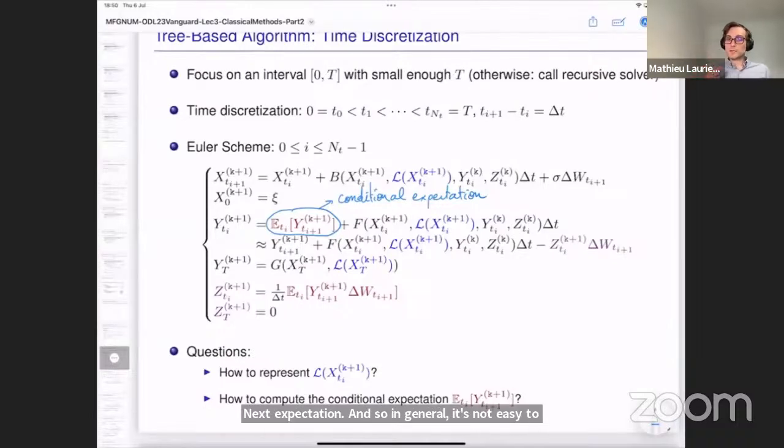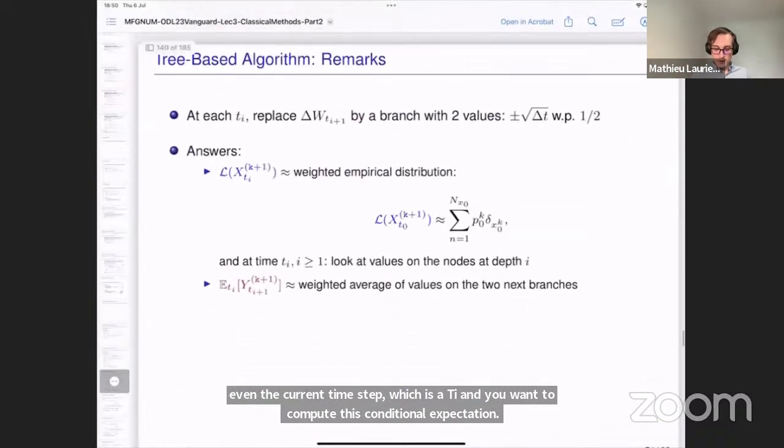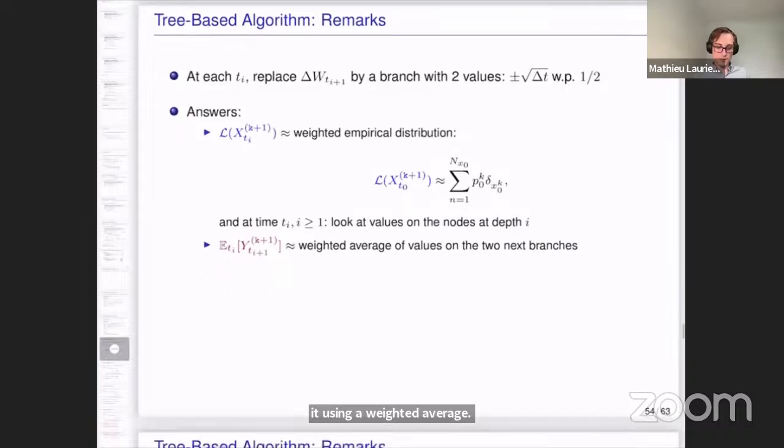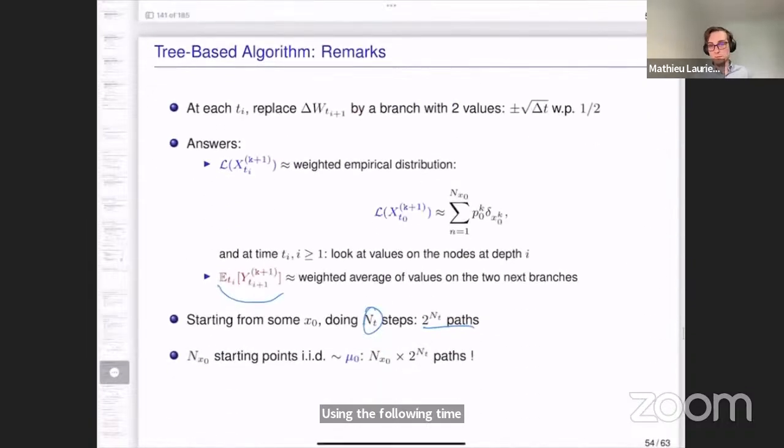So this is a conditional expectation of y at time t_{i+1} given the current time step, which is t_i. And you want to compute this conditional expectation. If you have a binary tree, it is possible to compute it using a weighted average using the following time step. But in general, it can be difficult.